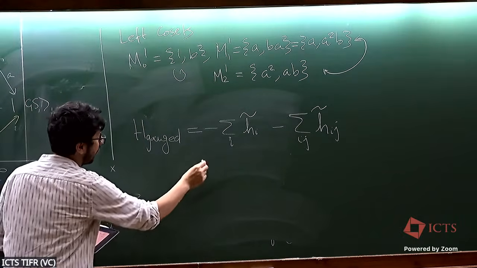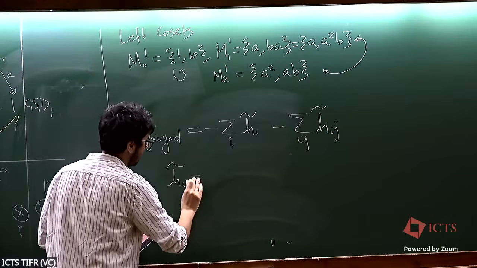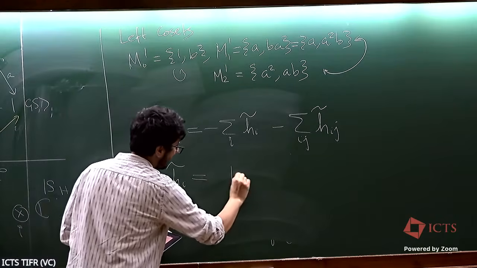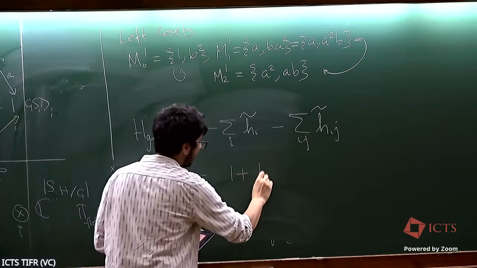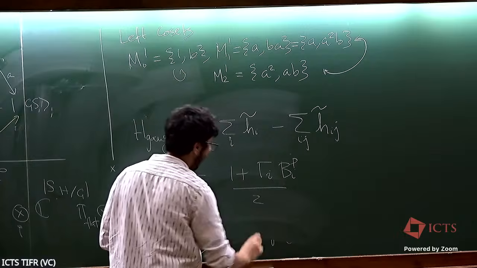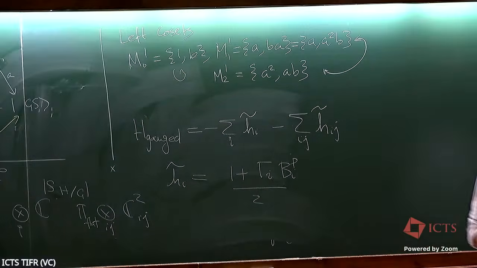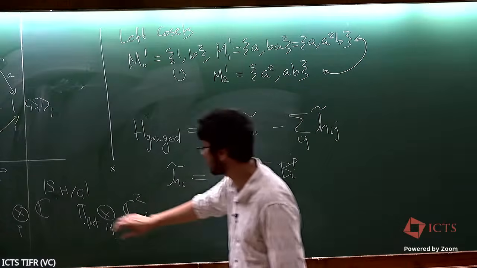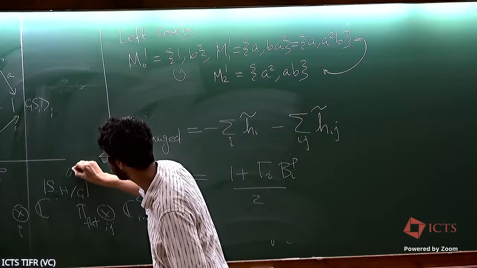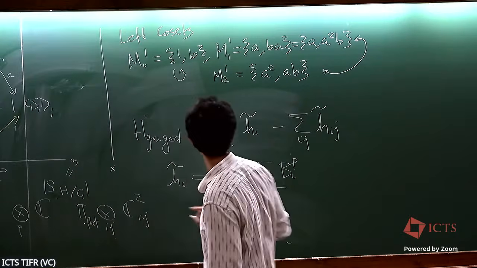So what H_i tilde becomes is in this case (1 plus gamma_i B_i P) over 2, where gamma is, okay, sorry, maybe I'm doing this in the wrong order. So let me step back again. So there's a three-dimensional state space on each plaquette, and there's a two-dimensional state space on each edge.